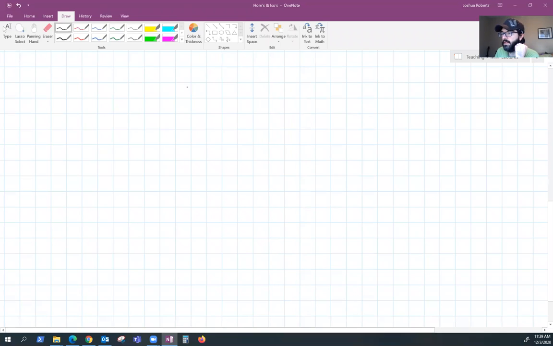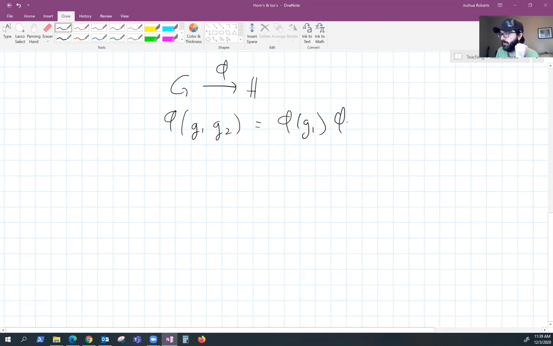Now, this idea that when I have G going to H with homomorphism phi, phi of G1 times G2 is phi of G1 times phi of G2, just with this definition of a homomorphism, we can actually get a lot of the familiar things that homomorphisms do.